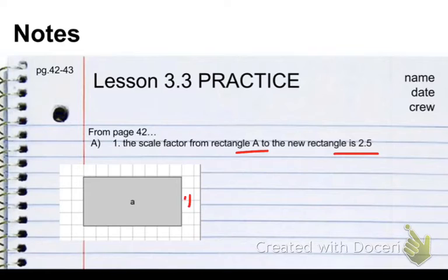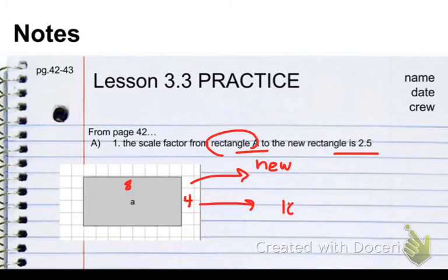Well, originally, it's 4 to 8. And remember, I'm going from rectangle A to my new rectangle. And if I'm doing that, I'm going to have to do 2.5 times 4. And 2.5 times 4, let's see here. Well, 2 times 4 would be 8, plus half of that would be 10, because I'm adding 2.